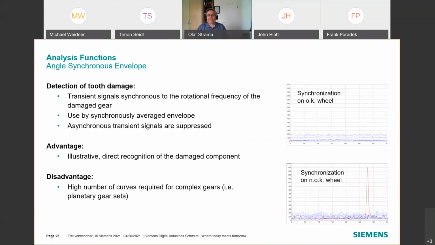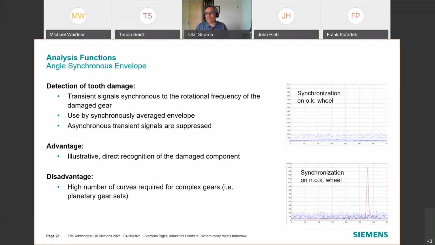Or here we have an example of the angle synchronous envelope. This is a curve that we calculate for an angle domain, and it helps us to detect tooth damages. Here in our case, this was a double clutch gearbox where we have 7 gears, and we want to know if there's a damage on one of the tooth gears.